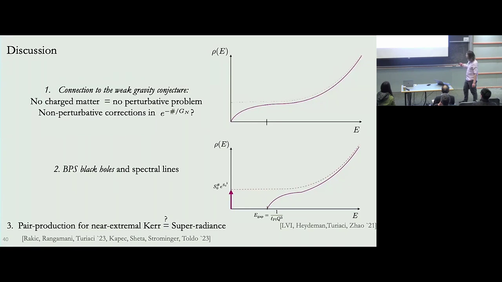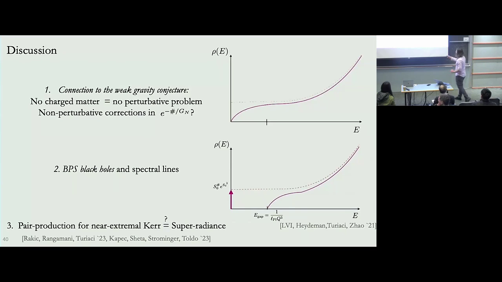The second point that I want to make is that for BPS black holes, the density of states itself looks quite different. It has a gap, as you might have heard earlier this week. And the fact that it has a gap probably hugely changes the calculation of Hawking radiation, even for neutral particles.